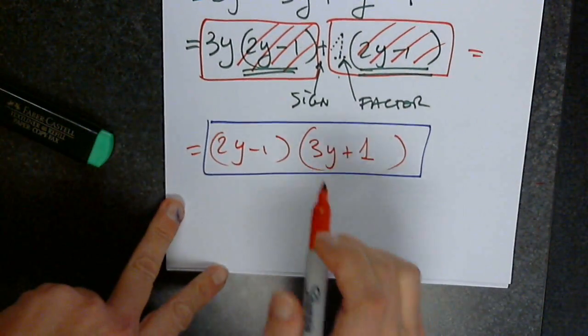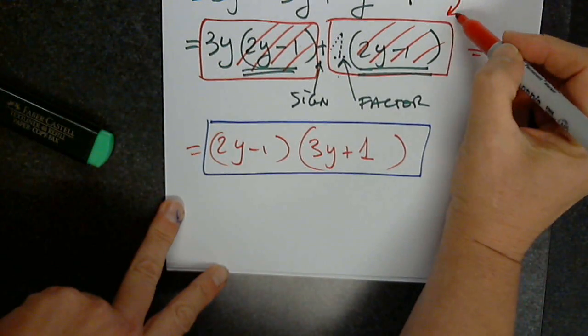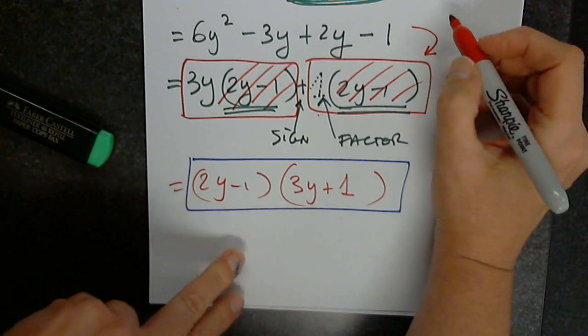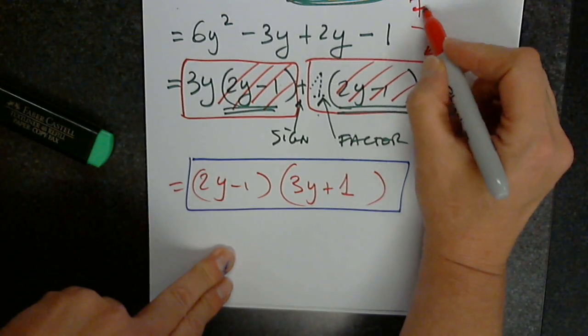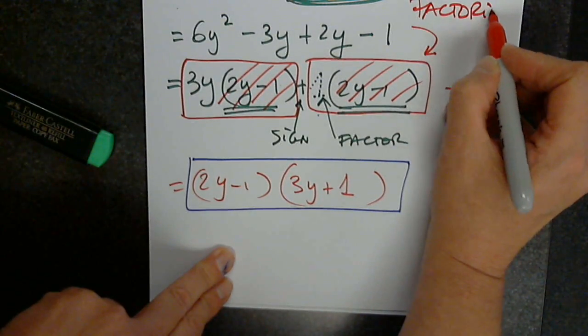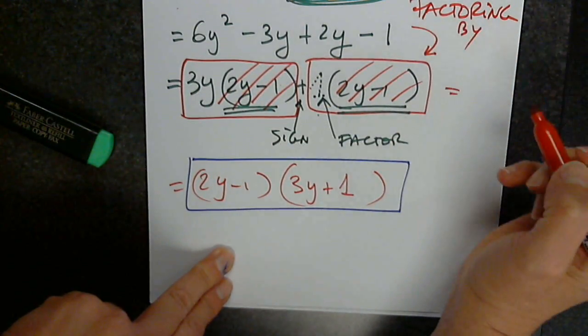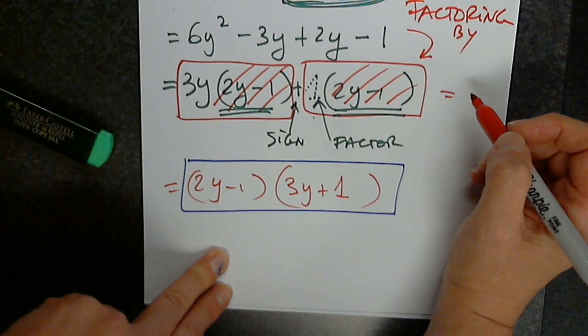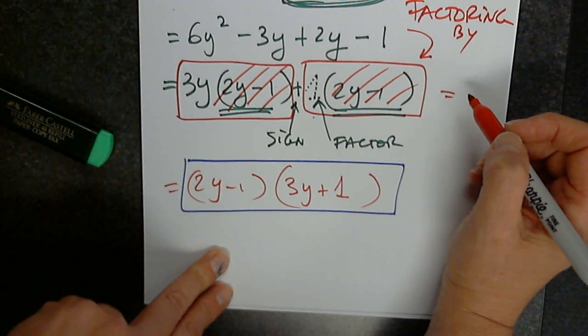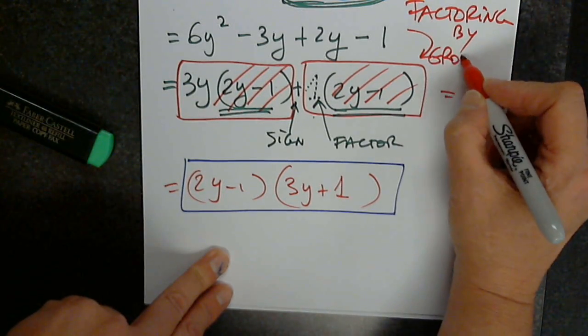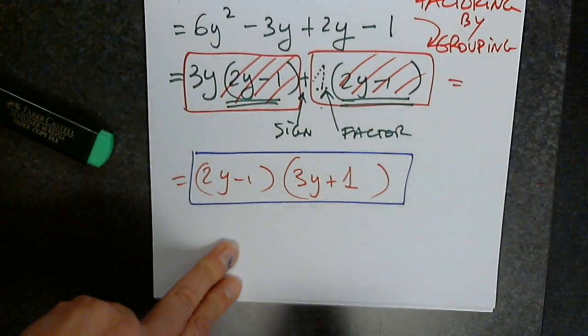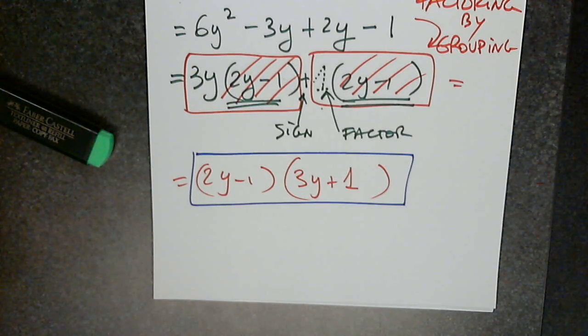So this procedure here, from this step till this step, it's called, and I would like you to write it down, this is very important, factoring by, what do you think? By grouping. We grouped the first two together and the last two together. So this is factoring by grouping. Super important.